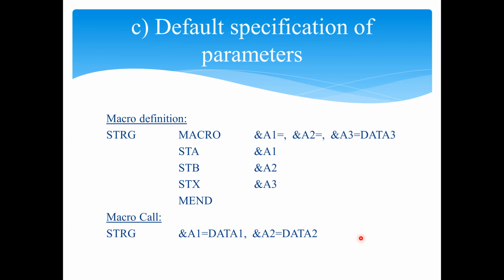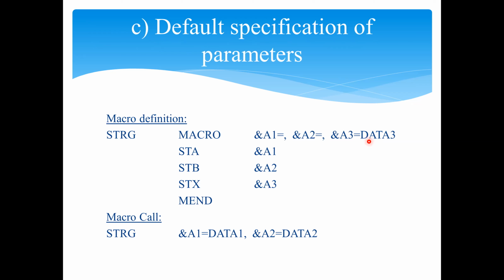For A3, you have not passed anything. This is a macro invocation. For A1 and A2, you have passed two values. For A3, you haven't passed anything. So by default, we assume that there is a default parameter which is assigned in the macro prototype. This is how you will specify a value by default. In the prototype, you have to mention that value.